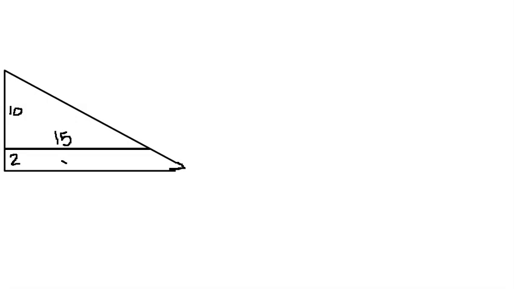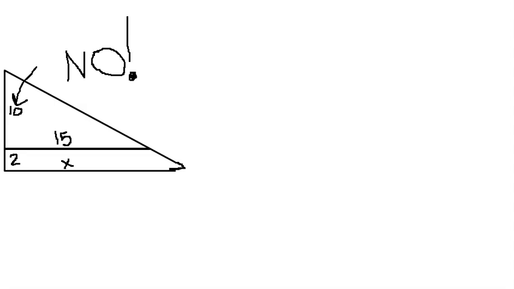Okay. So this looks exactly like the first example that we did. The only difference is instead of going from side to side, like instead of going here and then going here, I went through the middle instead. The side-splitter theorem does not work in this situation.